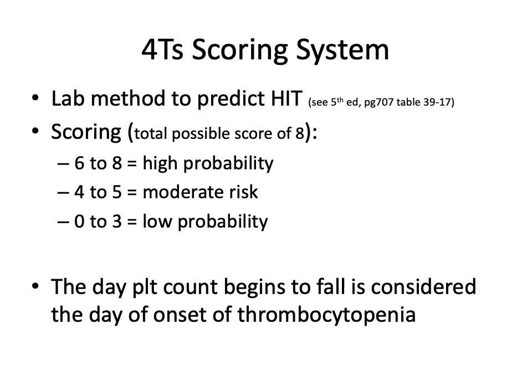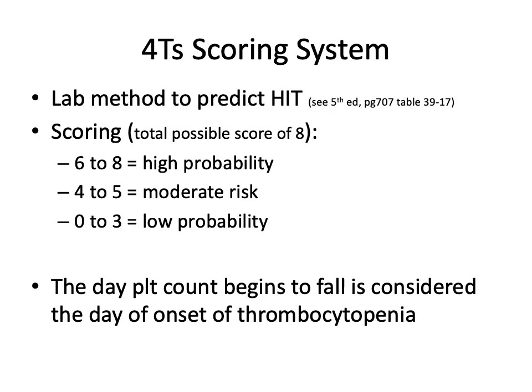The laboratory developed the 4T's scoring system to predict heparin-induced thrombocytopenia. The 4T's is based on a scoring chart that will be presented in the next slide. The scoring is interpreted as follows. A score of 6 out of 8 indicates a high probability.